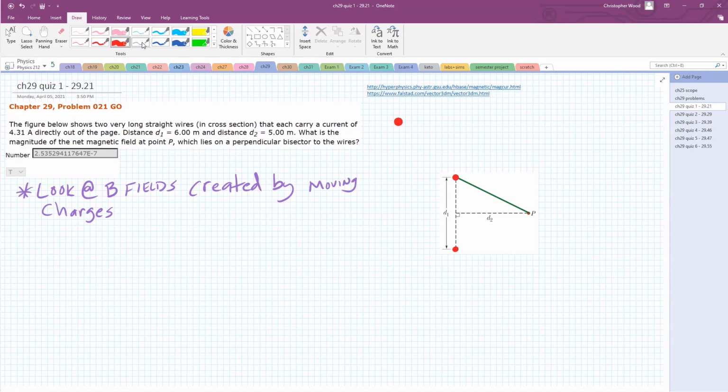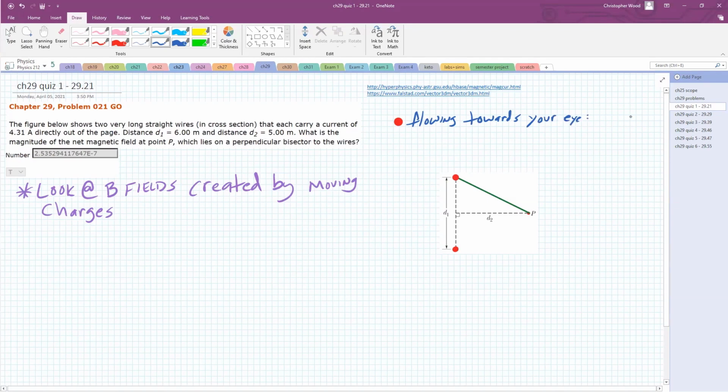So whenever you see a dot, it could be a current, or an electric field or magnetic field. It means flowing towards your eyeball, flowing towards your eye.